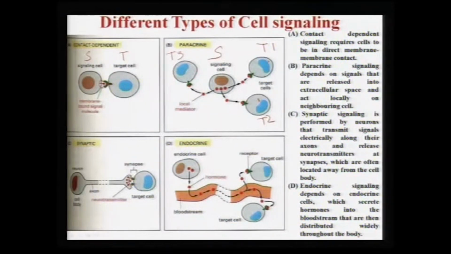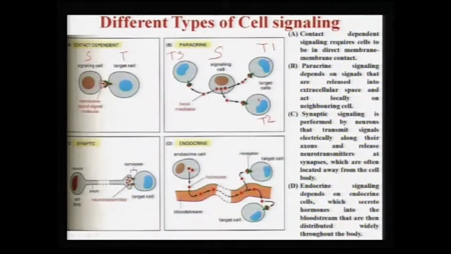Now, they create 2 or 3 different types of signaling proteins, for example. One of the signaling proteins can be transported to T3, but via a local mediator. That means it cannot be transported directly via the protein molecule to another target cell.